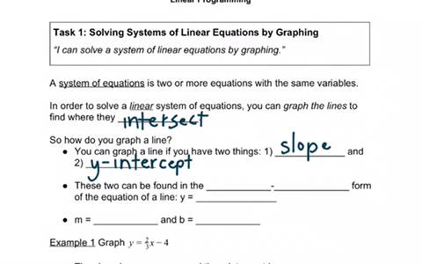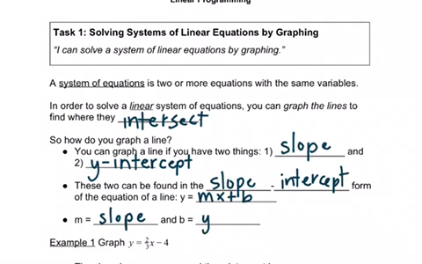You can find those two things in the slope-intercept form of the equation of a line. That's usually the one most people remember. It's y equals mx plus b, where m is your slope and b is your y-intercept.